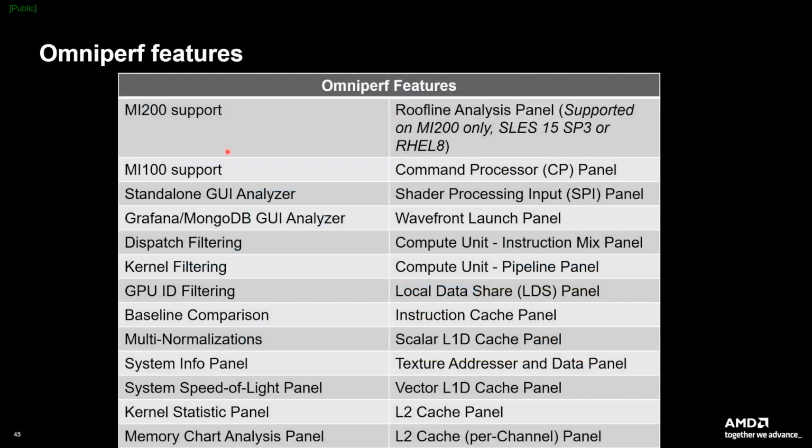OmniTools features are many. It supports MI100 and MI200, standalone GUI, Grafana. Dispatch filtering means show me the dispatch of the kernels, from 5 to 100 times execution, kernel filtering, GPU ID filtering, baseline comparison, speed of light that you probably know from other tools, kernel statistic panel, memory chart analysis panel, roofline analysis, supported on MI200 only, command processor, wavefront.